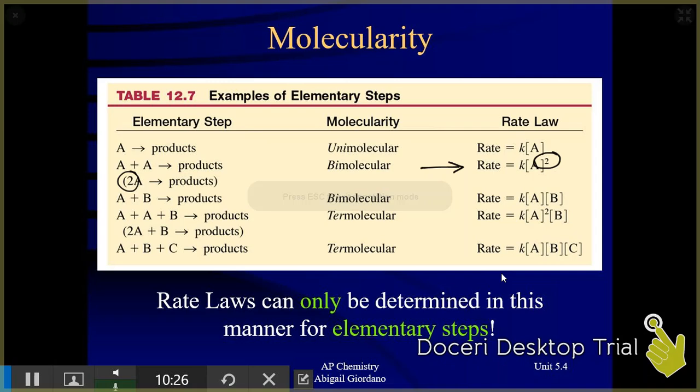But if you're asked to write the rate law for an elementary step, like this example right here, you can simply use the coefficients that go with that reactant and turn them into the exponents. Let me say that one more time because it's really important. You can only determine rate laws in this manner, using the coefficients and turning them into exponents, with elementary steps only.